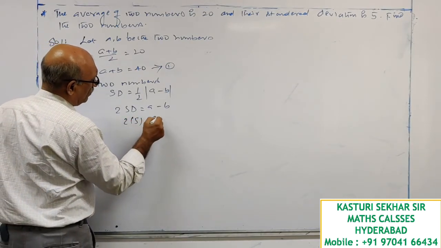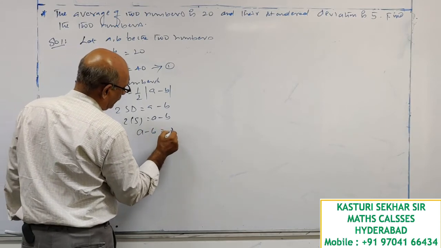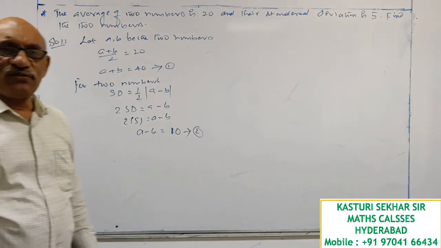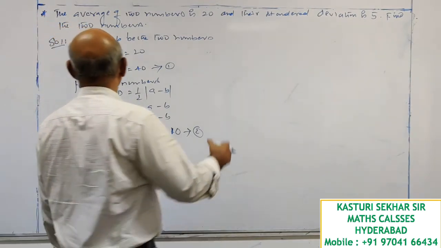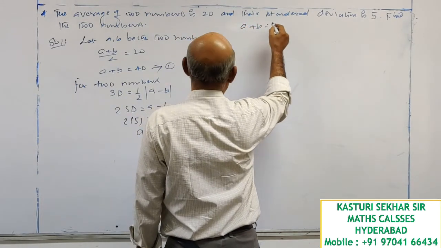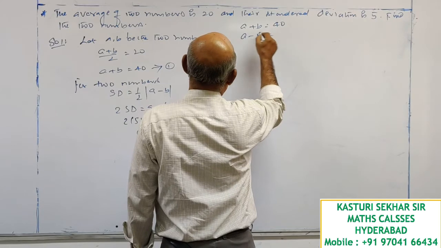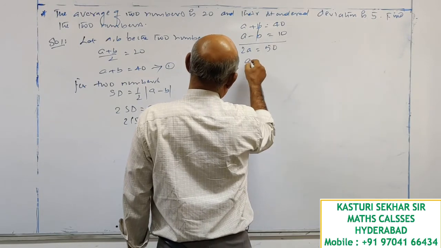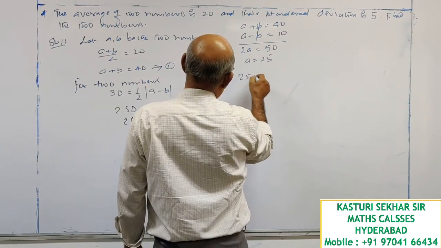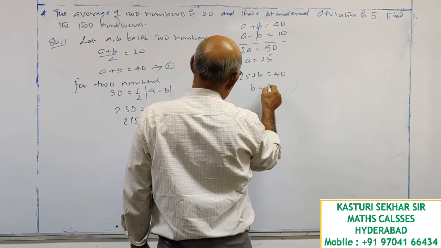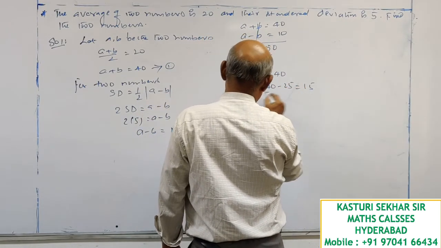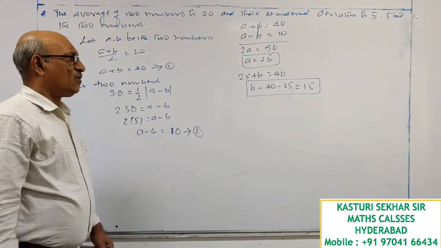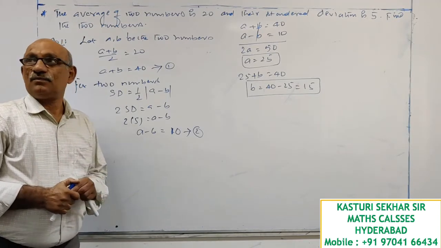So 2 into 5 is equal to A minus B. Otherwise A minus B is equal to 10. Two unknowns are there, so two equations are required. A plus B is equal to 40, A minus B is equal to 10. 2A is equal to 50. A is equal to 25. So 25 plus B is equal to 40. A is equal to 25 and B is equal to 15.